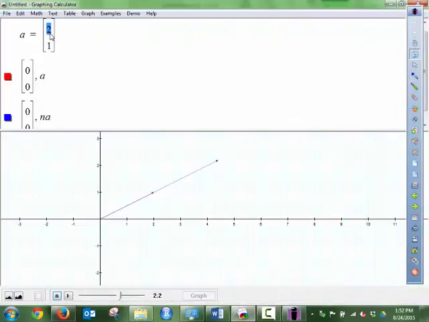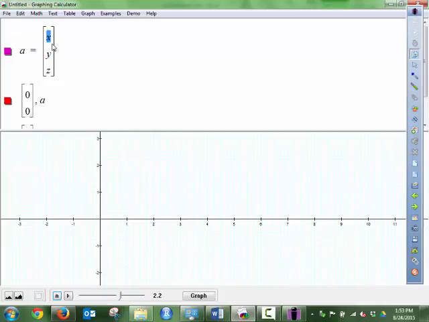See if we could do it here. 2, 1, and let's put -3.